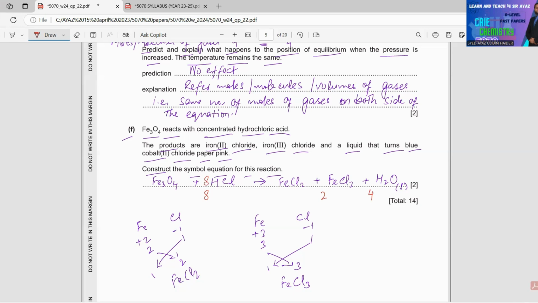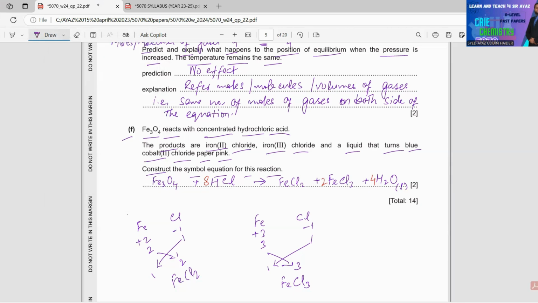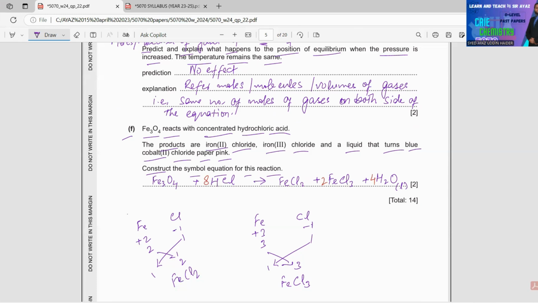So I will write 8 here, 2 here, and 4 here. This is balanced now. If you count the number of atoms, all balanced. 3 Fe on both sides of the equation, oxygen 4 on both sides, hydrogen 8, chlorine 8. On the right hand side, you have 2 plus 6, 8.